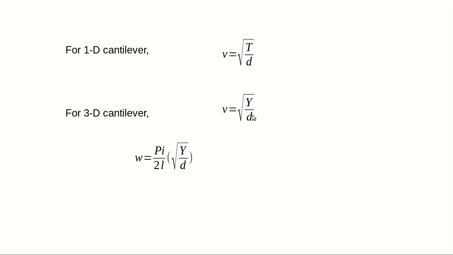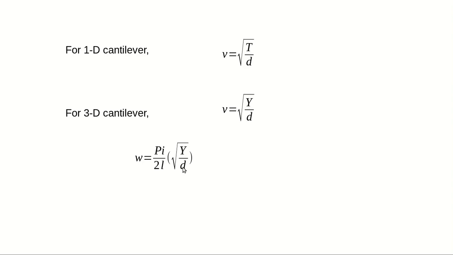Now my omega will be equal to pi by 2L into v. I am using this for a cantilever with one node. You can similarly calculate for the cantilever with two nodes. So this is v, root Y by D, that is Young's modulus divided by density of the material.